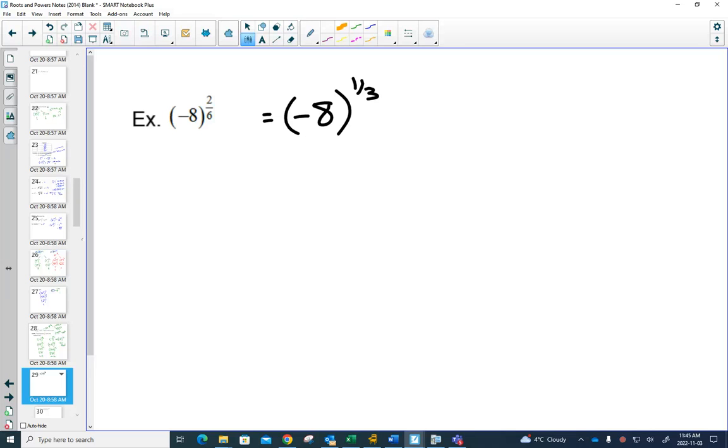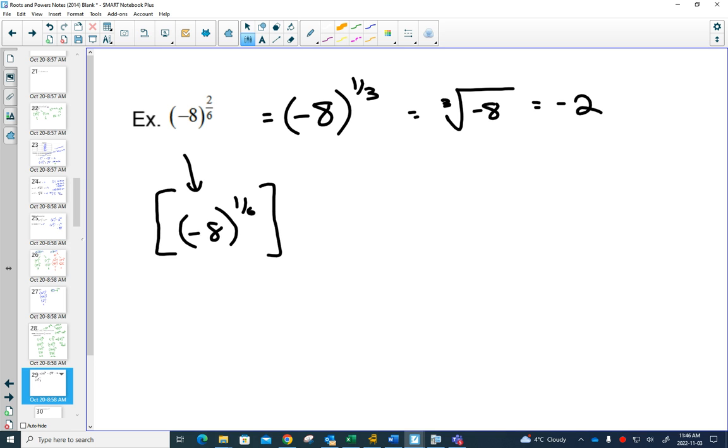Is this possible or is this impossible? Possible. It is possible because this would be the cube root of -8, and the answer to the cube root of -8 is -2. If we didn't simplify this, most likely we would go, it's impossible. Because if you didn't simplify it and you wrote it like this, you would get the 6th root of -8 and say it's not possible.